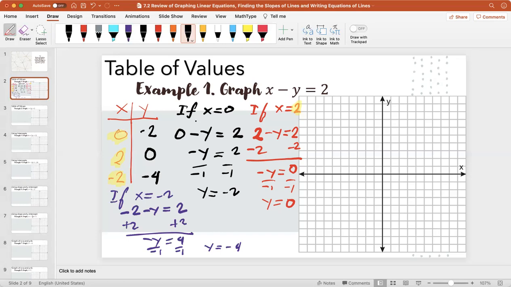So what do we have here? This is our T chart now with ordered pairs 0, -2, 2, 0, and -2, -4. Let's plot this in our Cartesian plane. So first ordered pair 0, -2, where is that? It's in your y-axis. So when your x is 0, we don't have to move left or right.